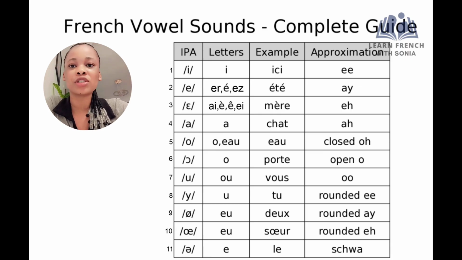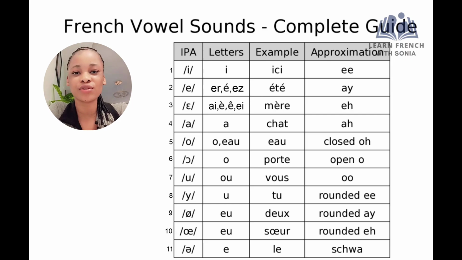Our approximation says rounded e. Number 11, we have our example which says le, and then approximation says sure. Try to pronounce that. Practice it over time, you'll get used to it. Let me go back to the example which says le.